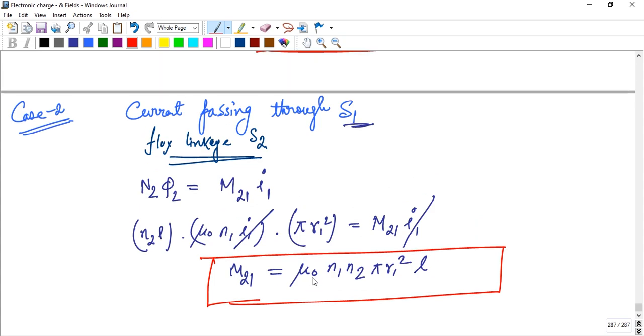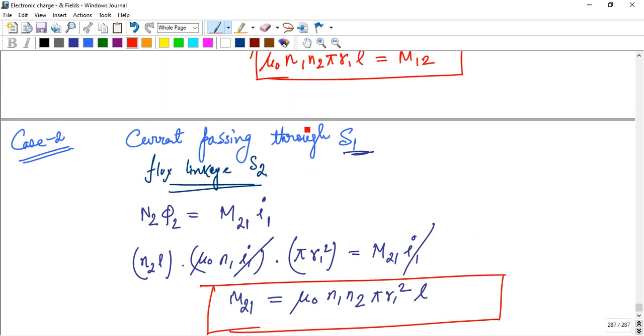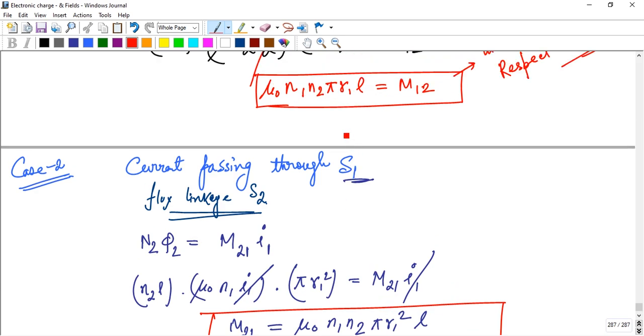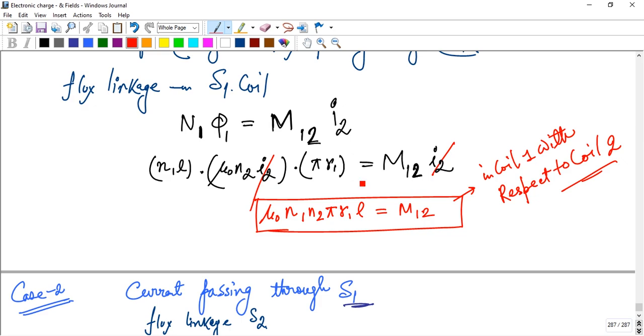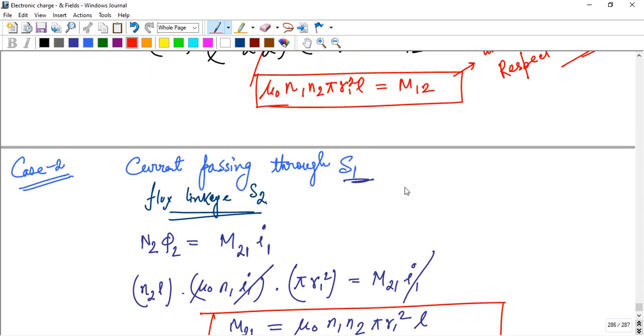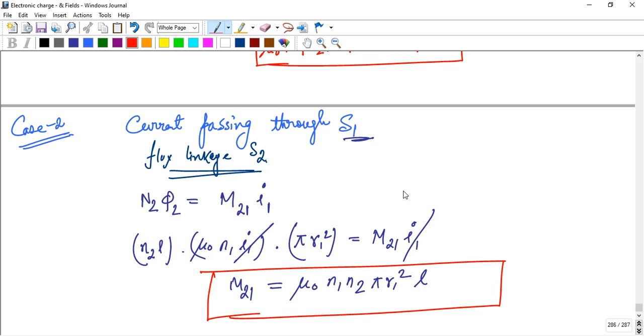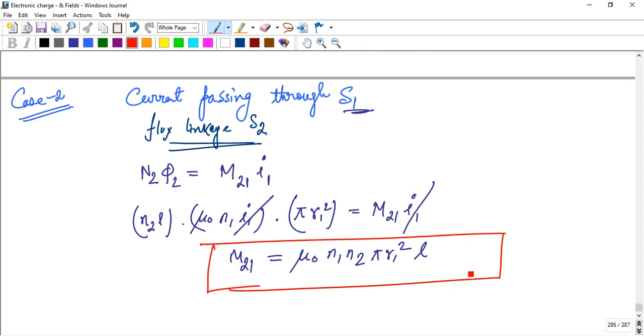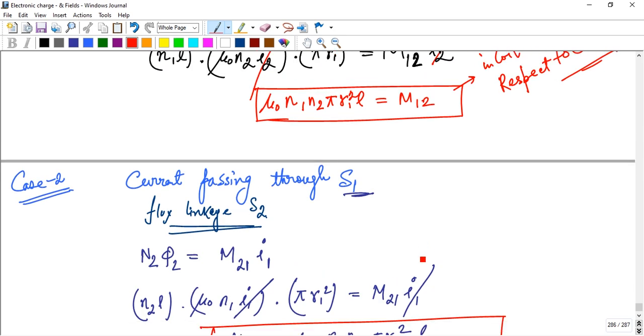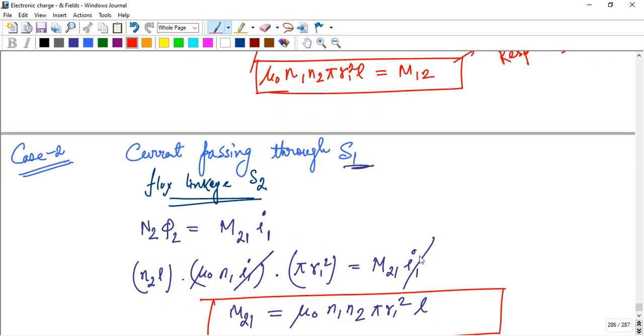And see the difference here, carefully: mu 0, N1 N2, pi R1 square, that is the area, R1 square times L.